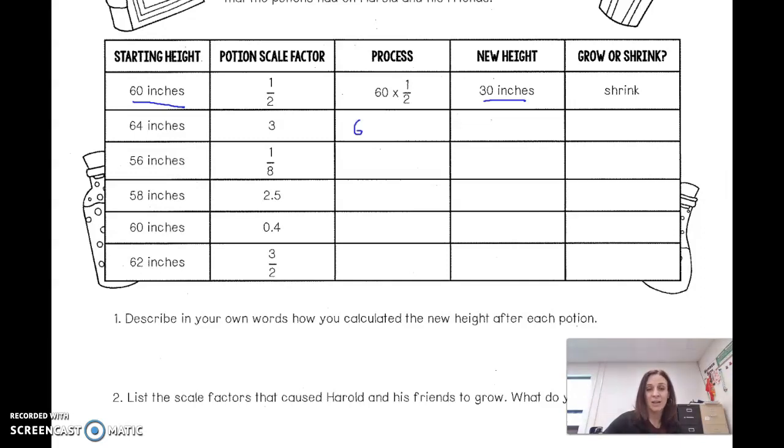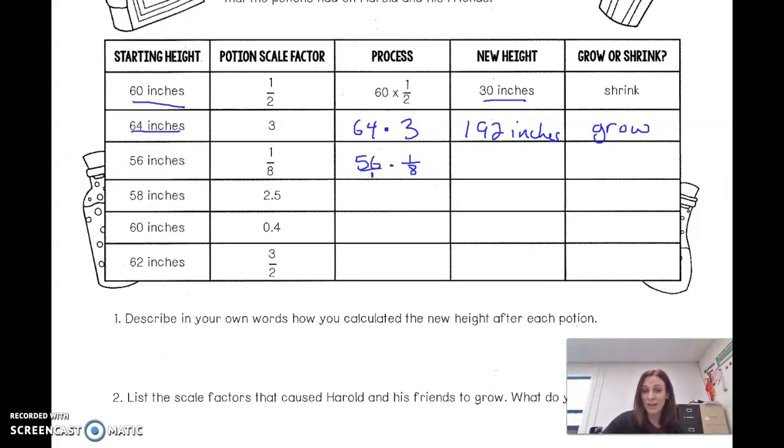Now let's do the same thing here. We're going to take our height and multiply it by our scale factor. You can grab a calculator to do this, but I'll tell you that 64 times 3 is 192 inches. So if this friend of Harold's or Harold himself was 64 inches, now is 192 inches, he or she definitely grew. So we're going to say grow. Same thing here. 56 times 1/8.